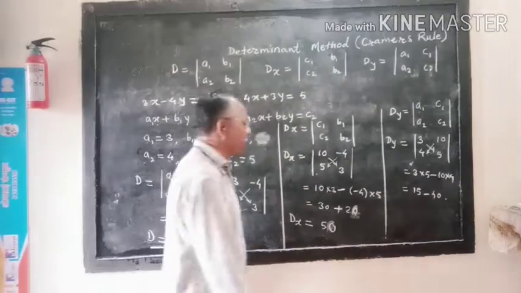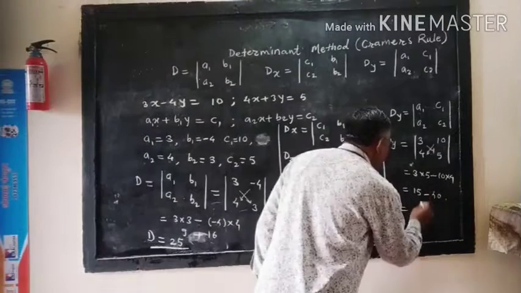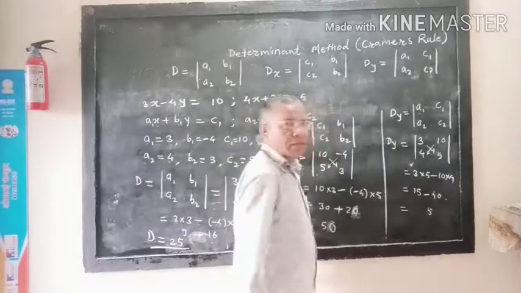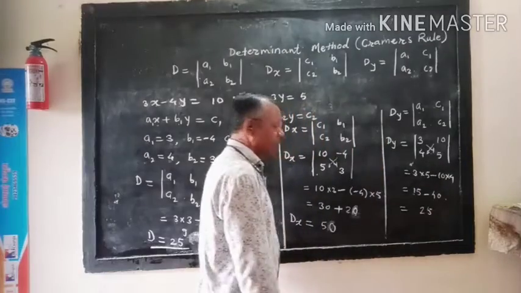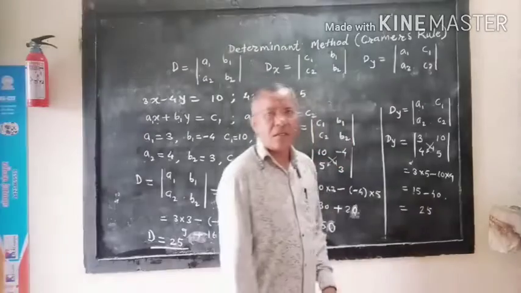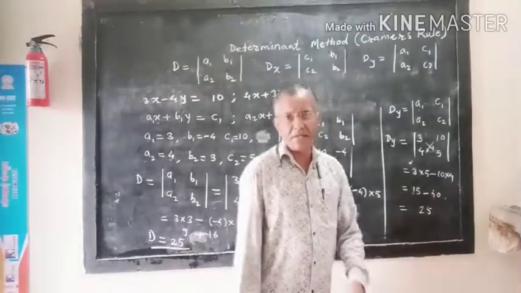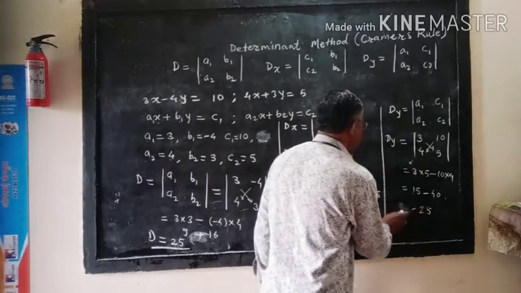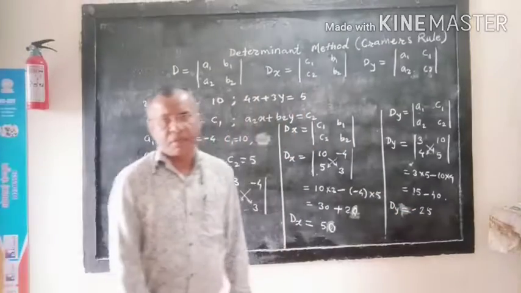And you have to subtract it now. 15 minus 40: 40 is the greater number and its sign is minus. Therefore, answer will be minus 25.